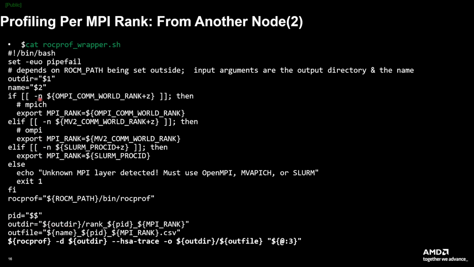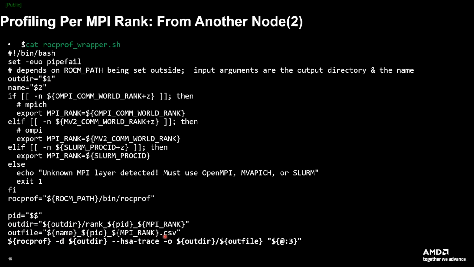Outdir is the first option of this file. Of course, you can change it as you wish, right? The name is just the second argument. So the out file is the name, the process ID, and the MPI rank CSV.